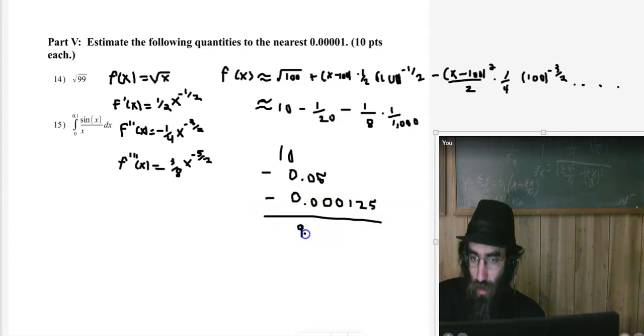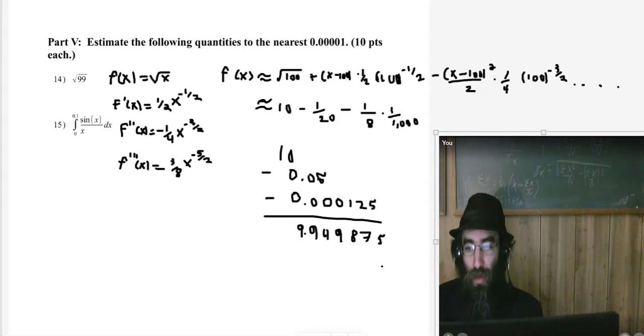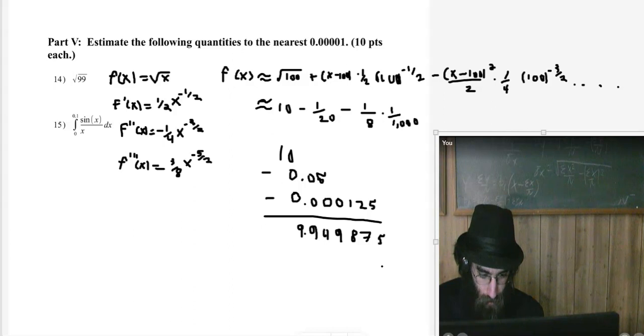We would get 9.949875. Yes, so this would be our best guess. And if you were to, after the exam, compare on the calculator, square root of 99, 9.9498743 something, right?